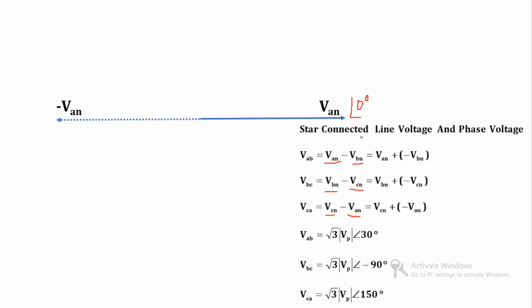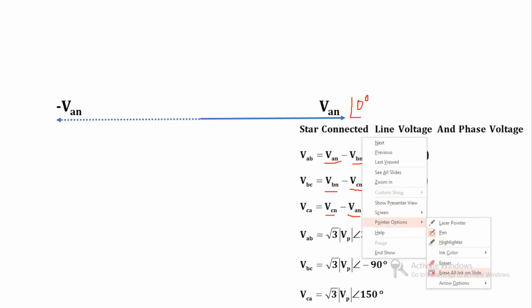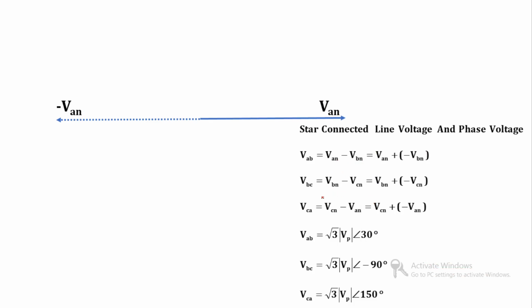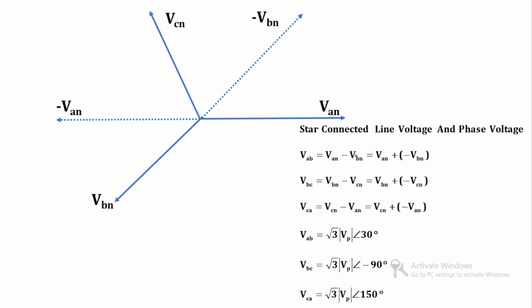So this is the phasor VAN. Now let's draw the remaining phasors VBN and VCN. This is the VBN, which is at an angle 120 degrees with respect to VAN, and its opposite phasor is known as minus VBN. Again, the third phasor, this is the VCN and this is the minus VCN, which is opposite to the plus VCN.